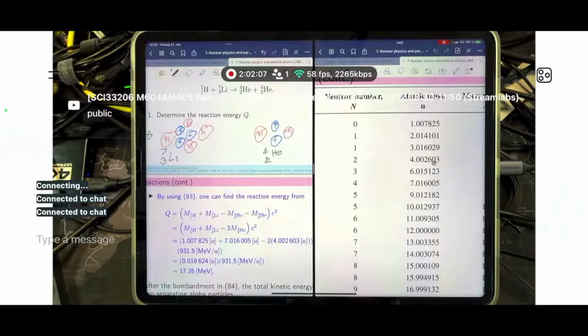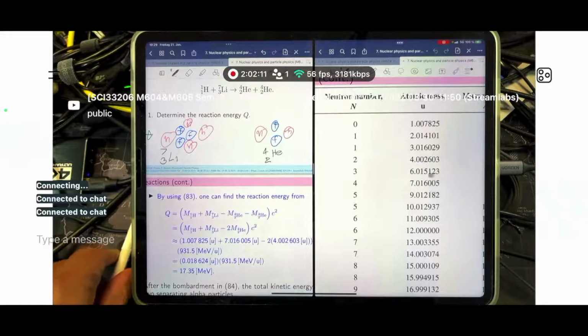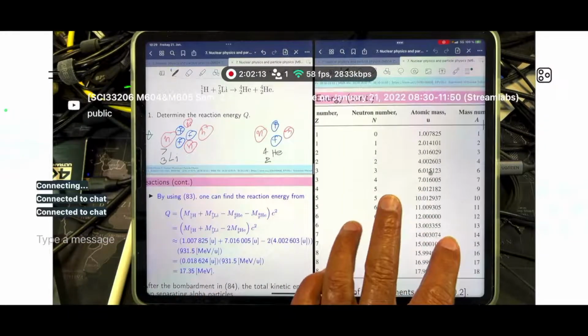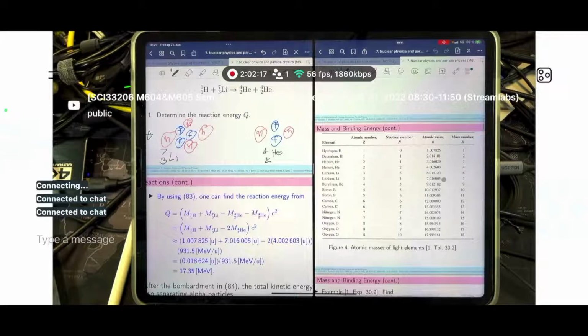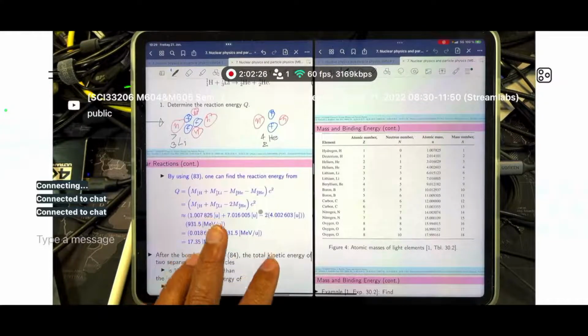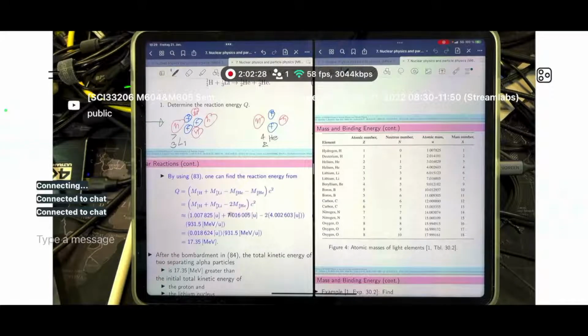That's the thing we could pick up from the table, if it is available in the table. Otherwise, you need to go to the appendix of the book, which is not too difficult at all. Once you get these 3 numbers, you express them.